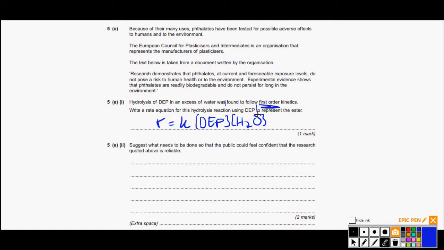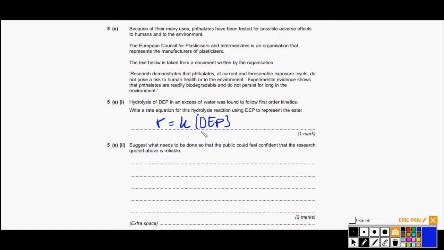So water doesn't actually appear in the rate equation, it's just DEP, and this is something I stumped on. But obviously DEP is going to be in the rate determining step because it is hydrolysis of DEP. Even if water isn't in the rate determining step, it's probably in the following steps. So just observe that it's first order kinetics, so you can only have 1 reagent in the rate equation.